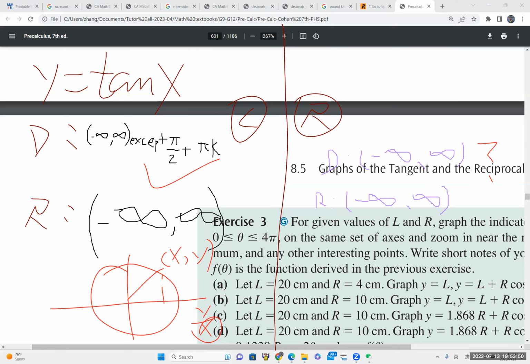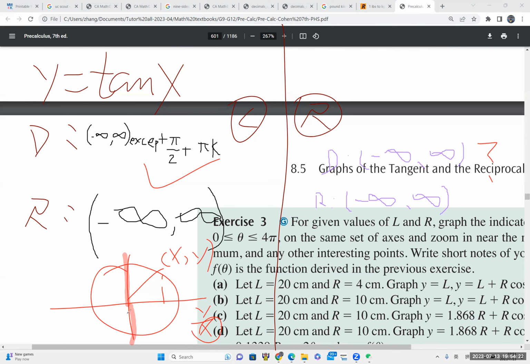That being said, at this place and this place, tangent is undefined, right? Now for tangent x, its period is not 2 pi, it's just pi.